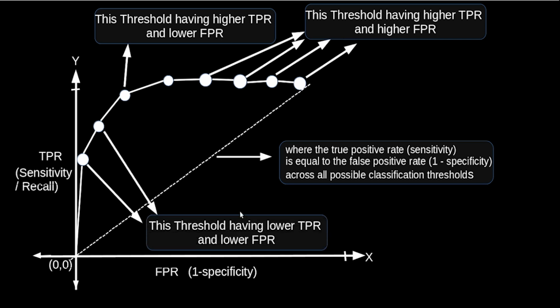These are the thresholds where we have lower true positive rate and lower false positive rate. If our problem statement prioritizes minimizing the false positive rate and we can tolerate any number of false negatives, in that case we should select this point of threshold for our model. This is how we can select the best threshold for classifying positive and negative class in our problem statement.